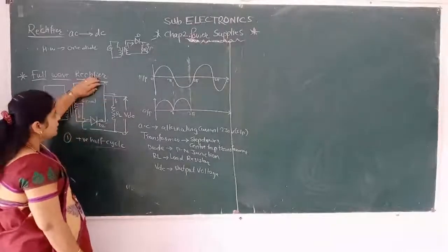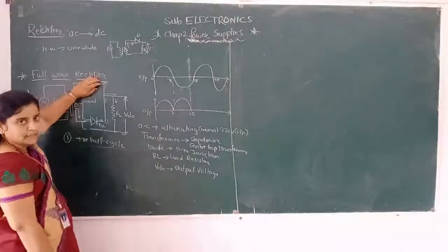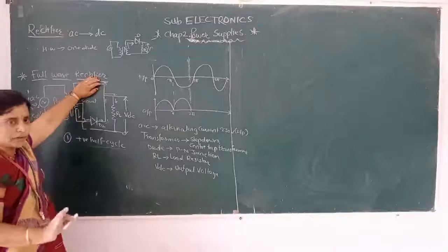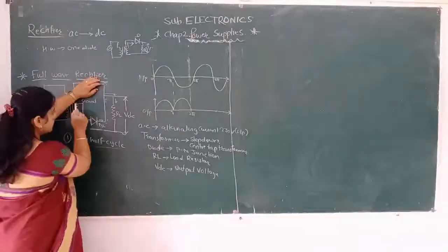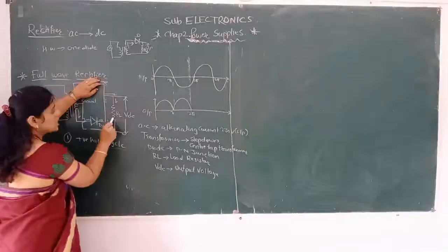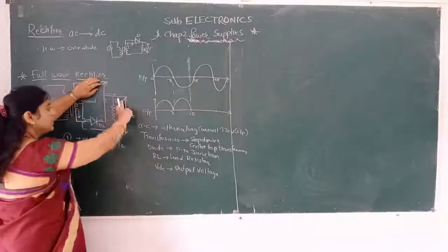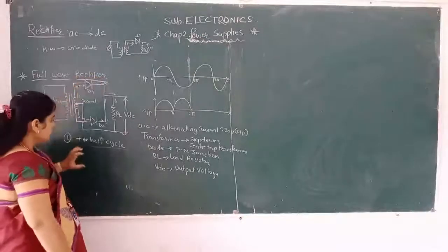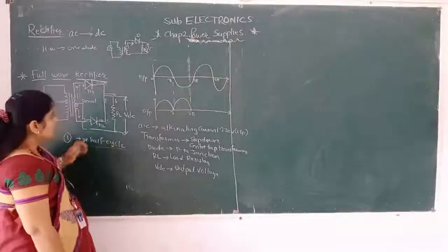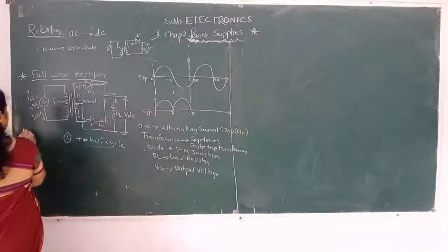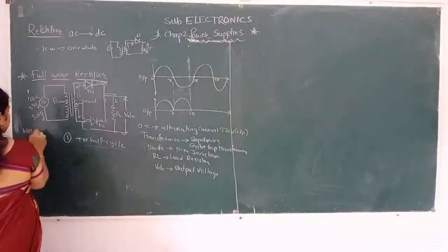At that time D1 will be in reverse bias, so this diode D1 will not work. The circuit is only from the secondary to diode D2 and D2 to the load resistance RL, and we get the output across this load resistance RL. So these are the two cycles in the full wave rectifier.